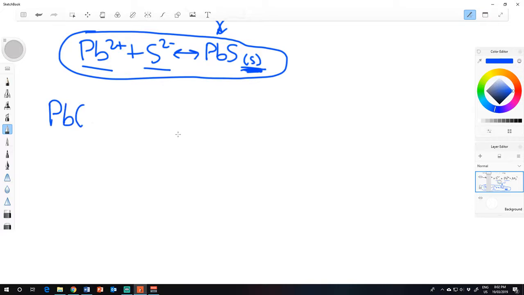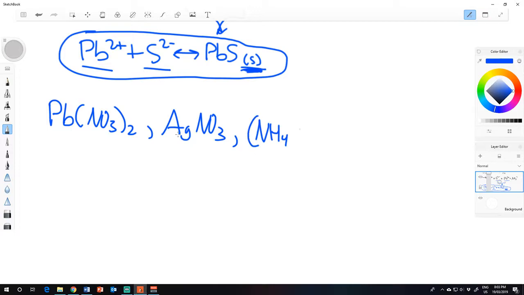So take, for example, lead nitrate, throw down some silver nitrate, and we add in there something like ammonium carbonate, then maybe something silly like ammonium chloride. Here we have 4 different salts, and the same kind of rule applies. We just separate everything into its ions.